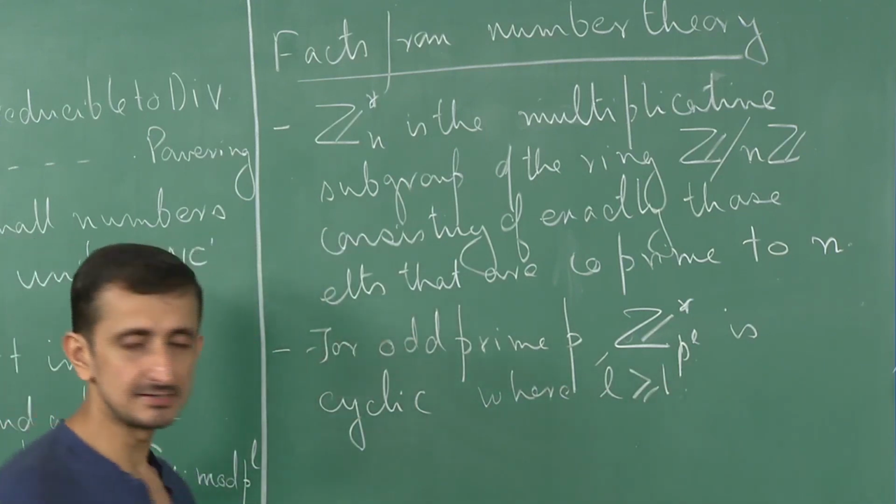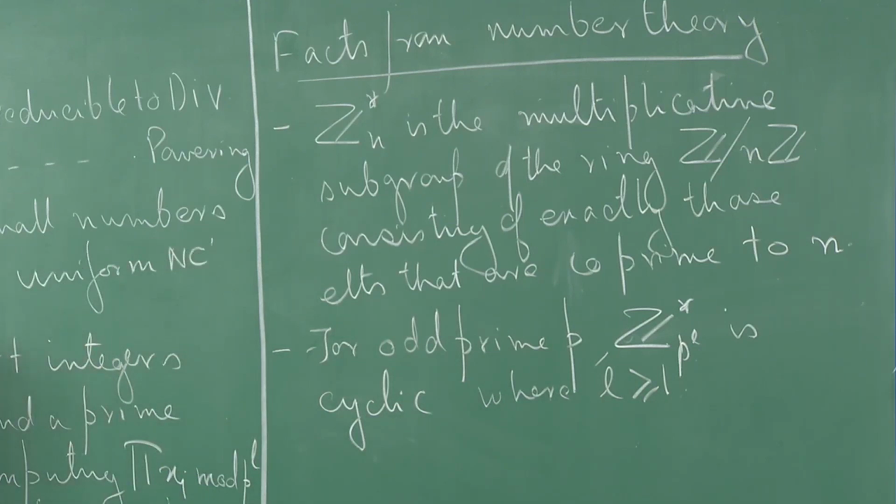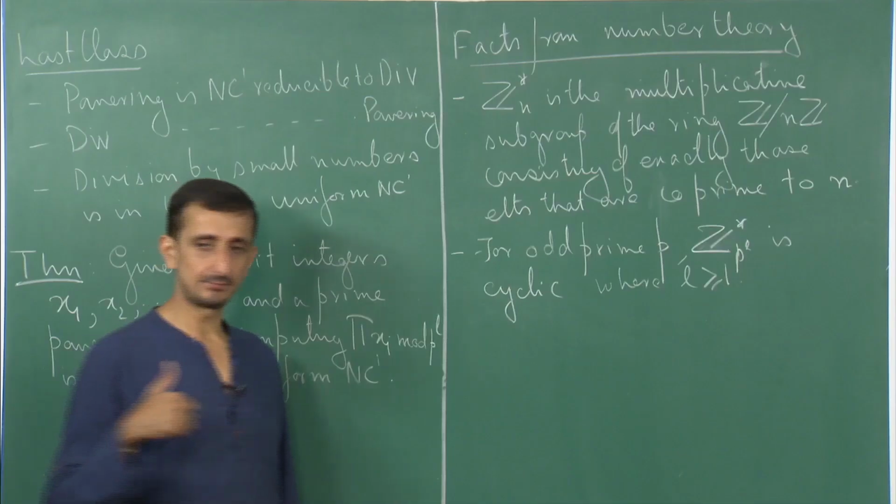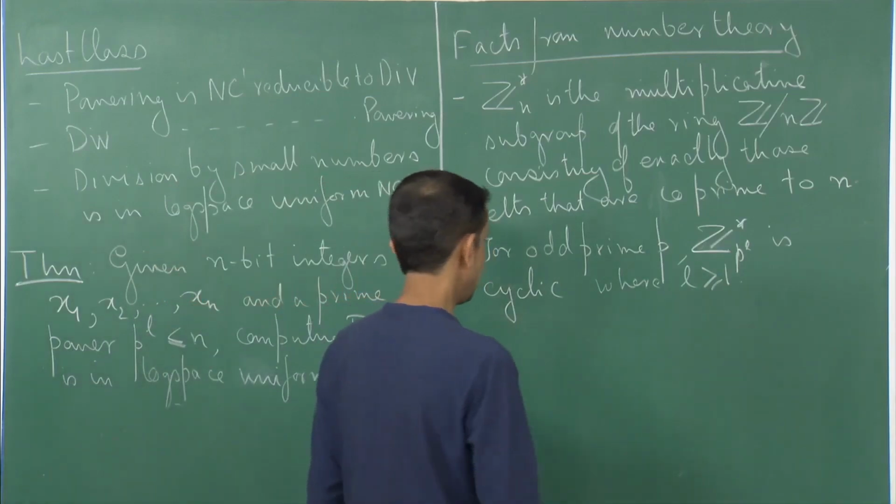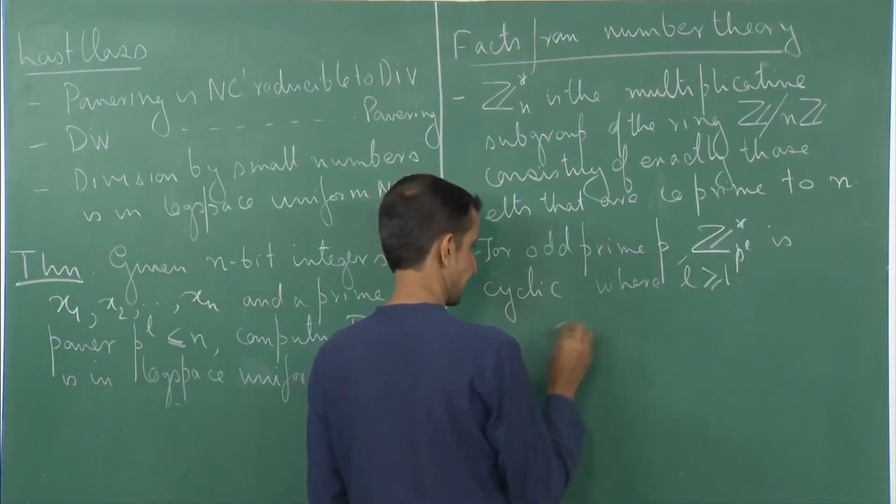What does it mean? It means that it is not just a group, but a cyclic group. That is, it has a single generator. It can be generated by a single element, and we can also get the size of this.